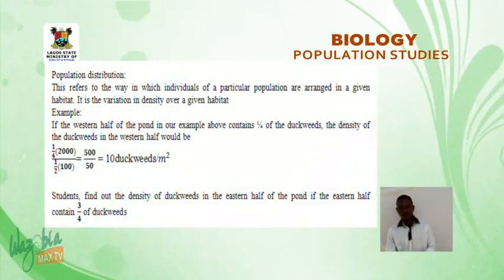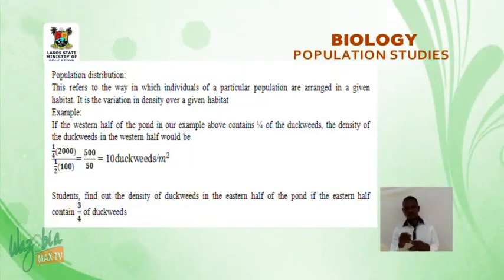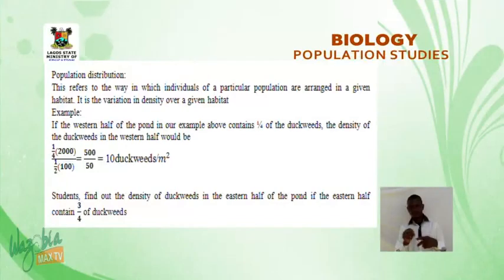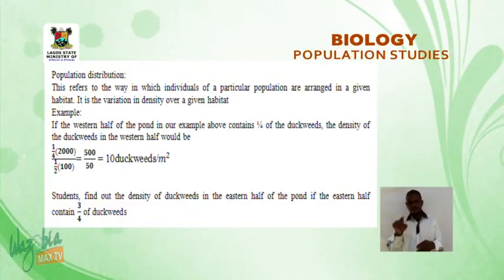Population distribution. This refers to the way in which individuals of a particular population are arranged in a given habitat. It is the variation in density over a given habitat.